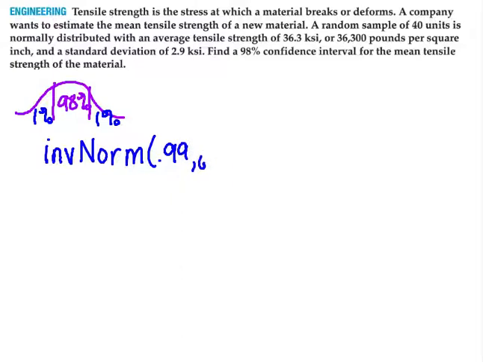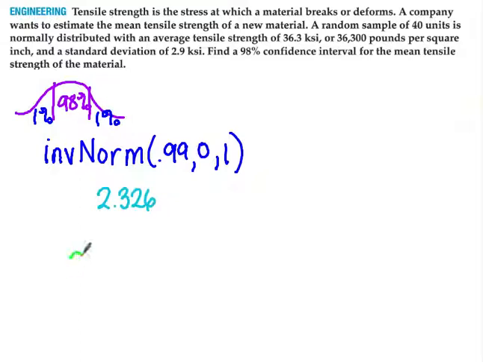Let's go ahead and write that up. So when you do that on your calculator to 3 decimal places, what does that appear to be? 2.326.